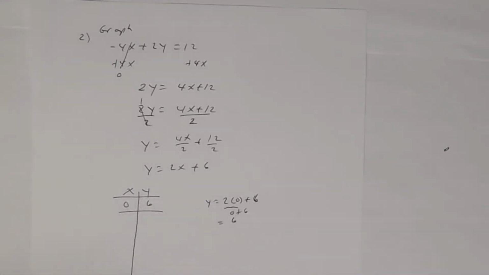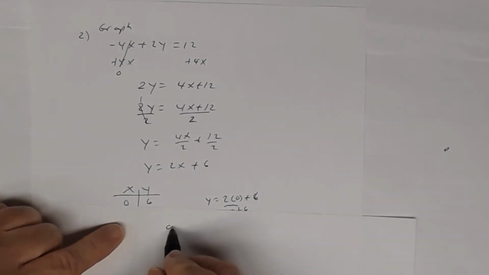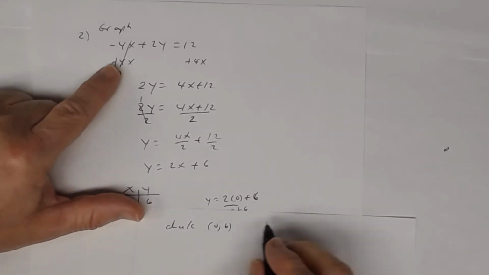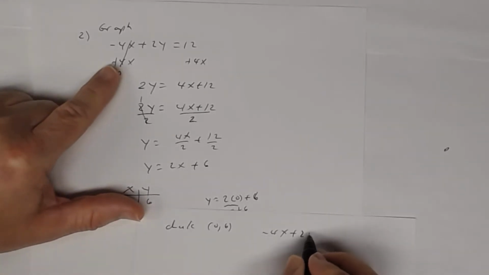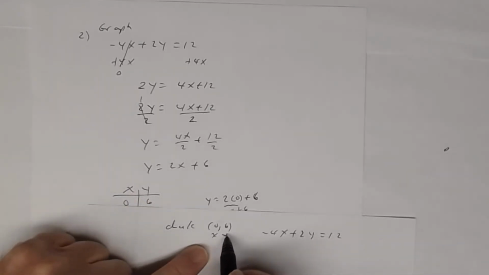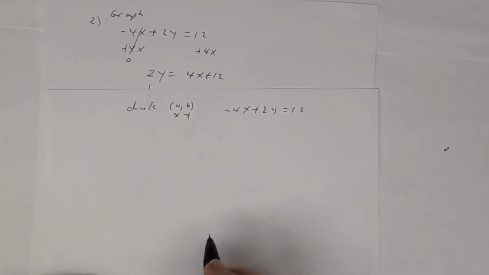All right, and you can check that just like you did in a previous lesson. So real quick, if you want to verify 0, 6, you go back to the original equation, negative 4x plus 2y equal 12. Where we see the variable x, you substitute 0. Where we see the variable y, you substitute 6, right?